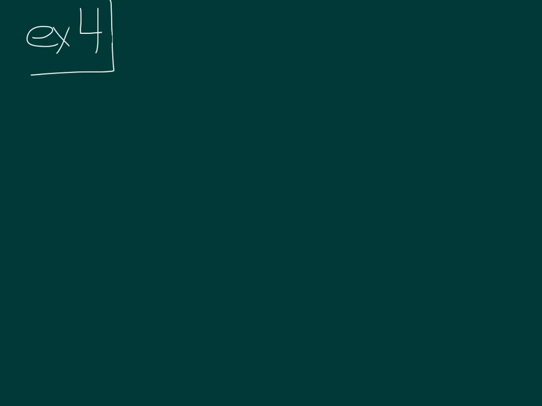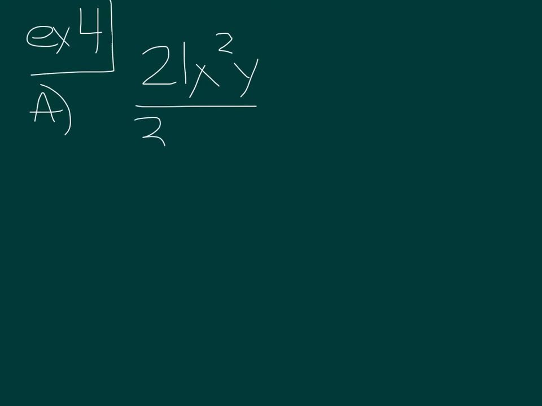So in example 4a, it says 21x squared y over 35xy. Now we're simplifying, so I know you'll see a shortcut eventually, but I'm going to show you the long way to do it, and then you'll see the shortcut after you see how it actually gets condensed.